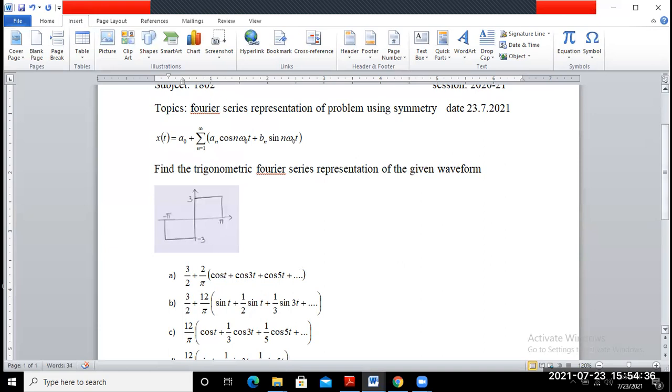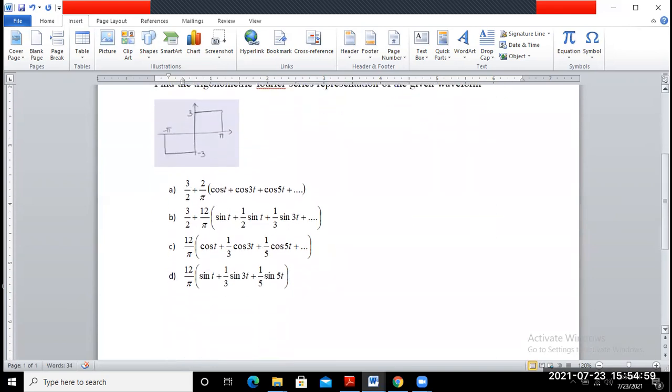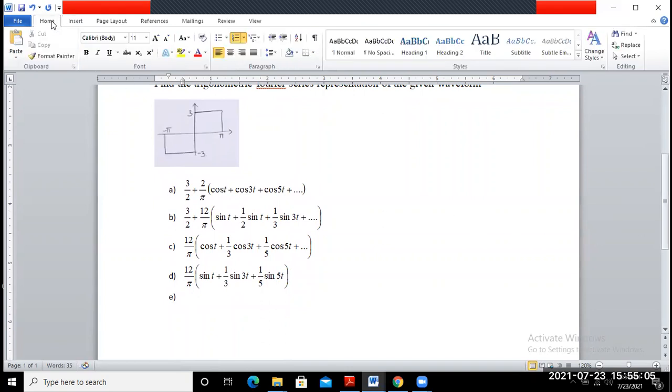So if you follow the symmetry and try to match which type of symmetry this waveform follows, then you may reduce the calculation of the Fourier series representation. Okay, so first of all, again I recall that there are 3 types of symmetry: even, odd and half wave symmetry.